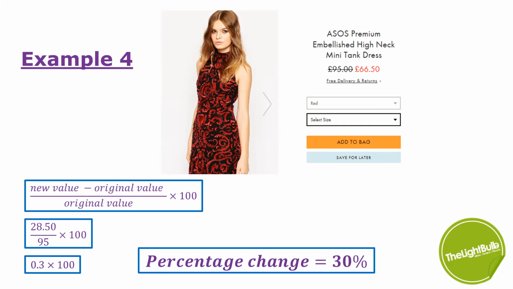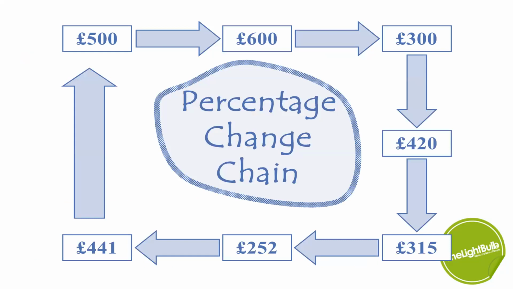Well done so far. I'm now just going to bring up our final task, which is to look through this percentage change chain. Now, if you start from the top left-hand corner, the £500, what we're being asked to do is what's the percentage change between £500 and £600? And then the second question would be, what's the difference between £600 and £300?